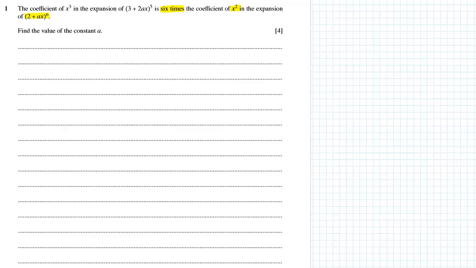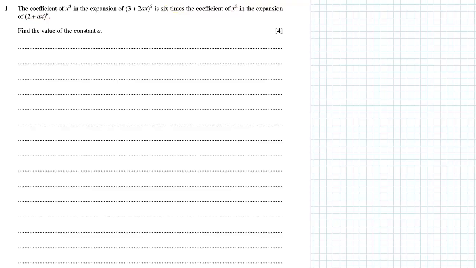If we think about that for a bit, I need to find a term from the expansion of the first brackets. I also need to find a term from the expansion of the second brackets. And then the coefficient of the one I find in the first brackets is 6 times the coefficient of the one I find in the second brackets.